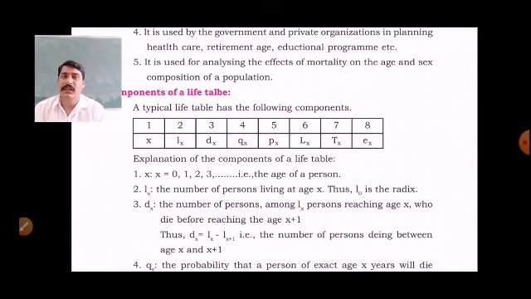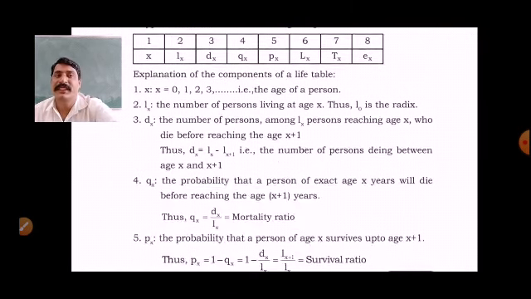And next comes qx. qx is the probability that a person of exact age x years will die before reaching the age x plus 1. That is, during their 1 year span, how many children died here. Let me take an example: 100. So l0, age x0, l0 is 1 lakh, so d0 is 100. So q0 is equal to 100 divided by 1 lakh.